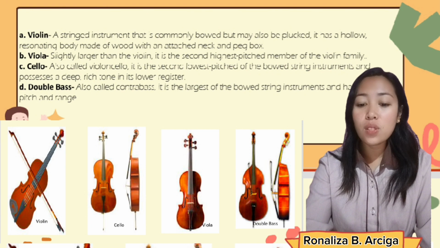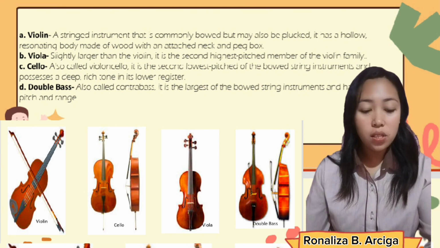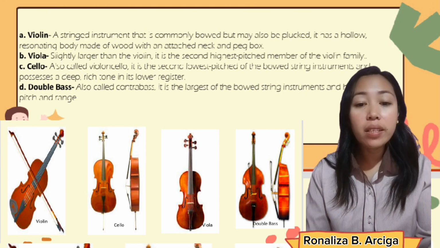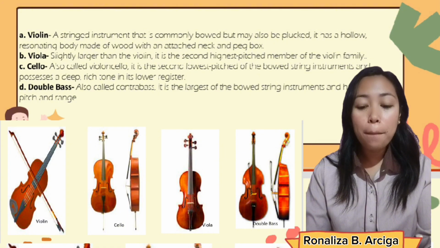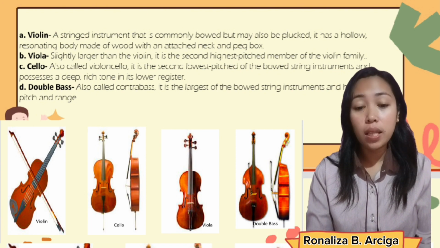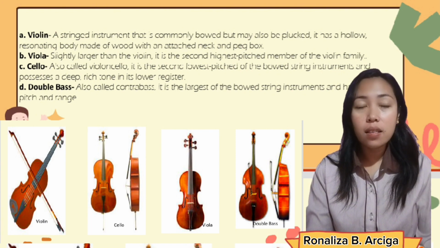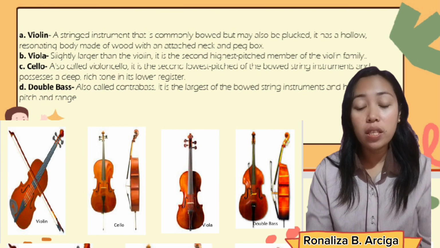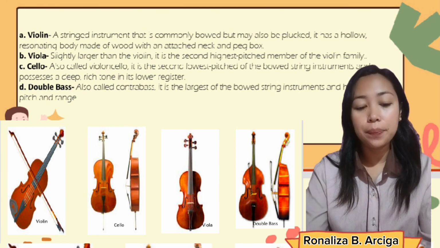It has also a lower range than the viola. Okay, so cello, bigger than a viola. Pag piniplay siya, dapat nakaupo lang yung nag-play and between siya sa legs, between 2 legs. It's either plucking or bowing din siya kapag piniplay.